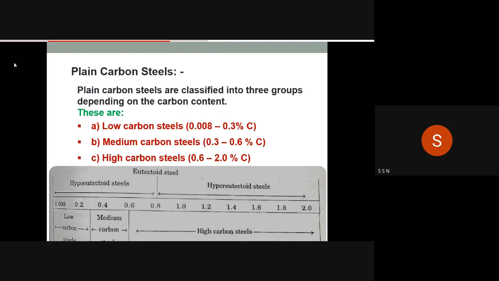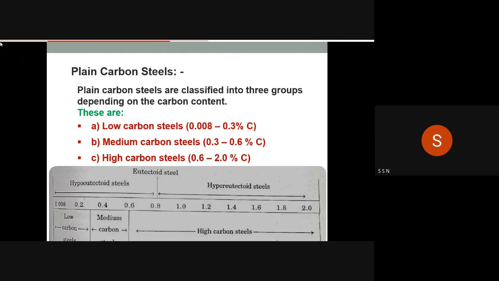Next, the plain carbon steels are again classified into three groups depending on the percentage of carbon present: low carbon steel, medium carbon steel, and high carbon steel. Observe in the diagram that the x-axis of the iron carbon diagram for steel is shown from 0.008 to 2%.